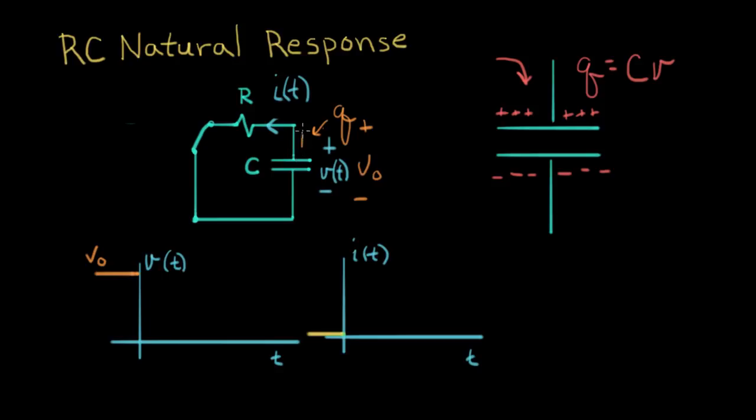It's going to start rushing out of the capacitor and going back through the resistor to basically come over here and neutralize the charge on the bottom plate. What's going to happen is over here, the charge is going to leave. It's going to go over through the resistor, come back in here, and these pluses and minuses will then be neutralized. And that means if there's no net charge, the voltage is going to go to 0.